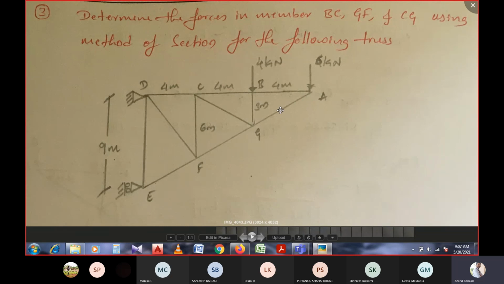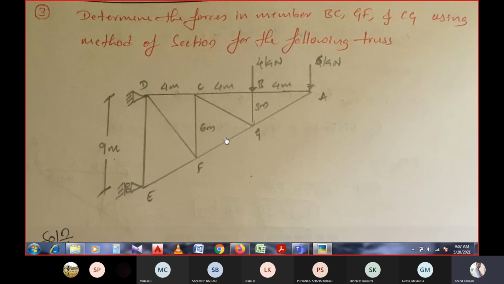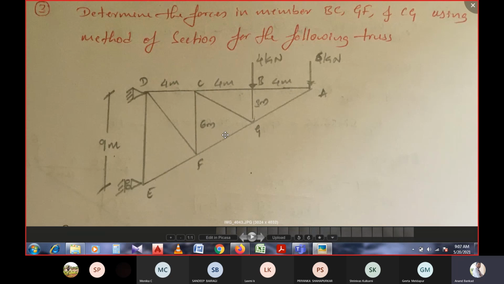If you start with the method of joints, you need to find the forces in AB, AG, and later move to other members. It is time consuming and not worthwhile to calculate these forces. So in this case, it is preferred to solve by the method of sections.